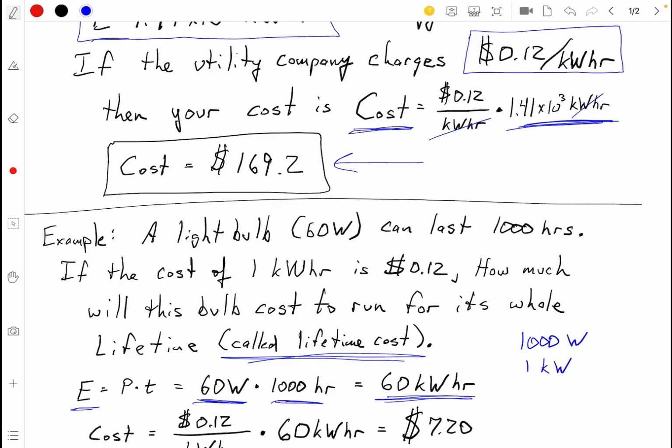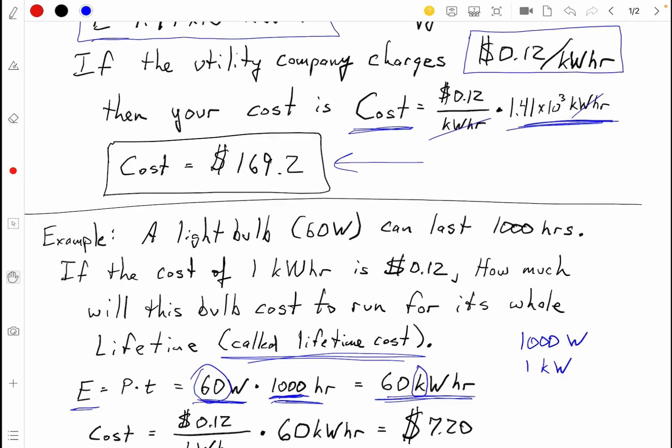Okay, so we have 60 watts here, but we're multiplying by 1,000 hours. So essentially we're taking 60 and multiplying it by 1,000. That's where this 1,000 comes in. All right, so that's our 60 kilowatt hours.